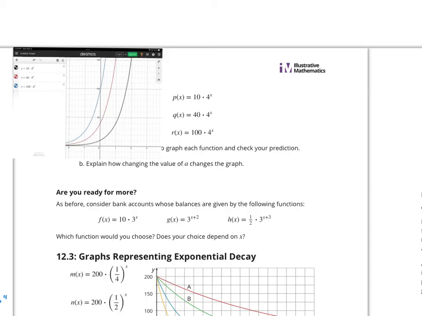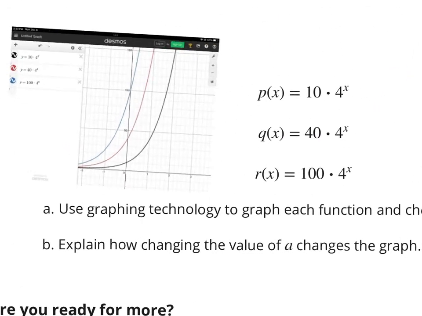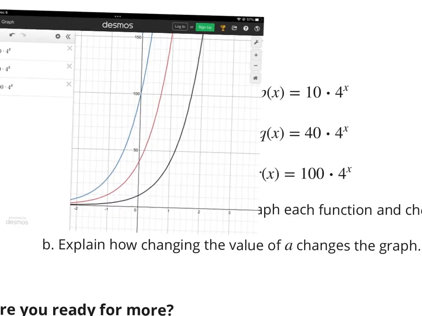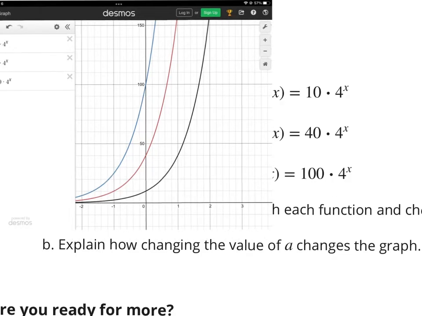All right, so I took a screenshot of what the graph looks like right here. So we can see the blue line, that represents equation r of x, which is 100 times 4 to the x power. We have the red line is q of x, which is 40 times 4 to the x power. And then finally, the black line, that's p of x, which was 10 times 4 to the x power.